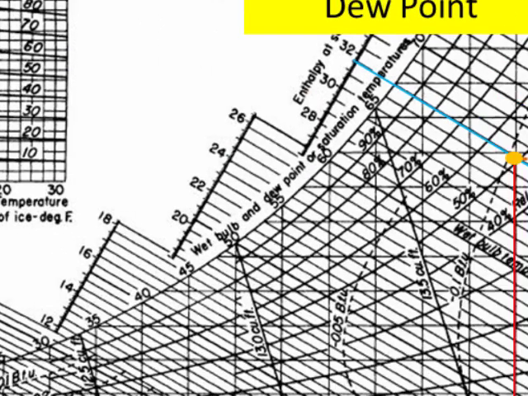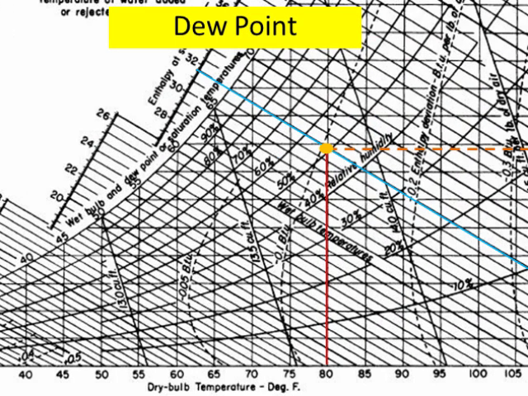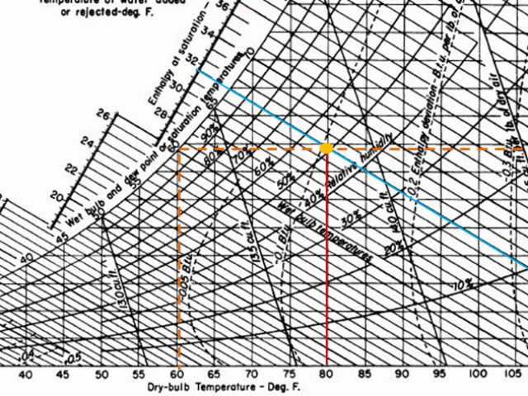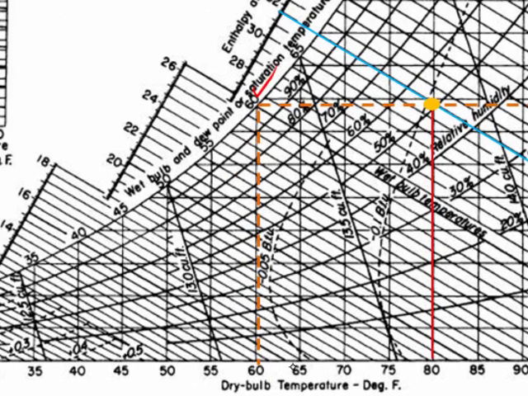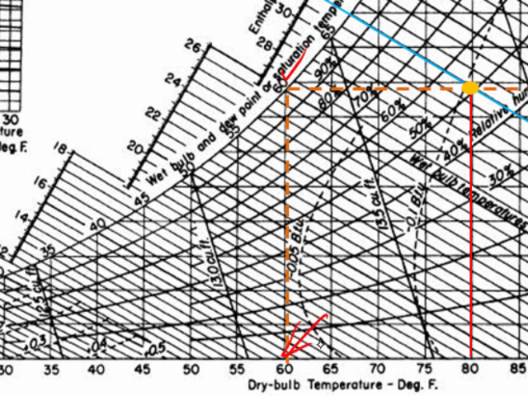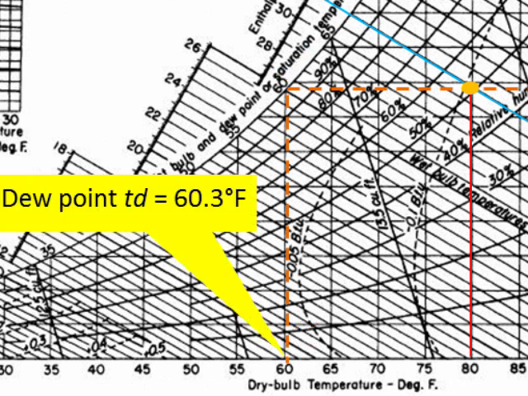Finally, for the dew point, we can extend the horizontal line that we used to read the moisture content to the left, and from there until it intersects the saturation line here, the line for relative humidity of 100%, and from there go down and read the dew point temperature as 60.3 degrees Fahrenheit.